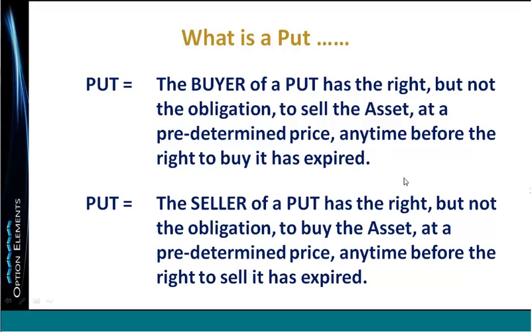So if the market goes down, you want to sell the asset, and you don't have to own the asset before you sell it. So you want to sell high and buy low. That's why a put is the opposite: you can buy a put, and if the market goes down, you have the right to sell the asset at a higher price than where the market's at.